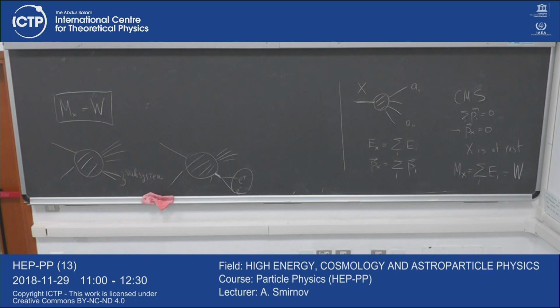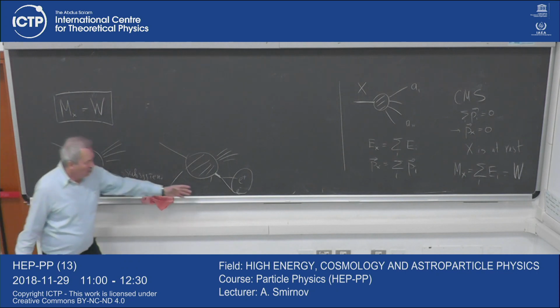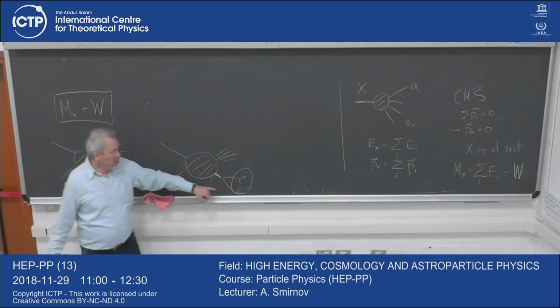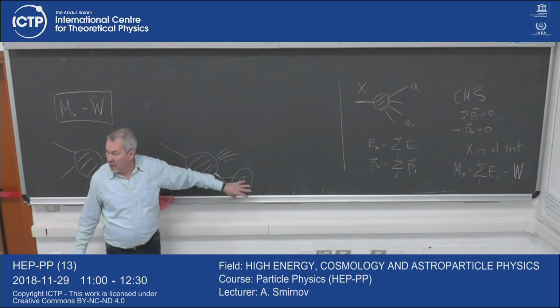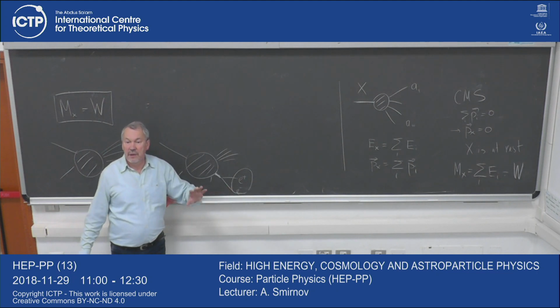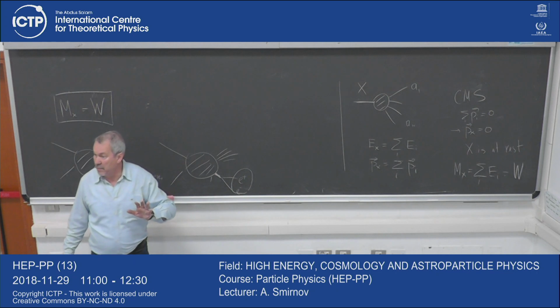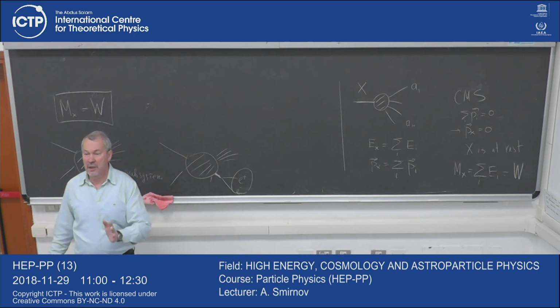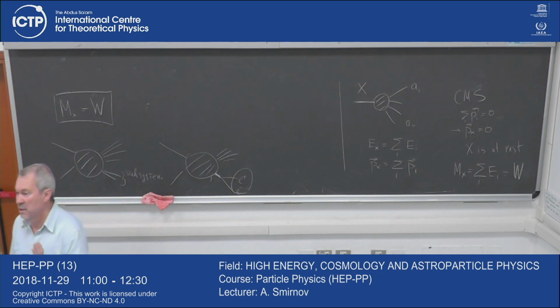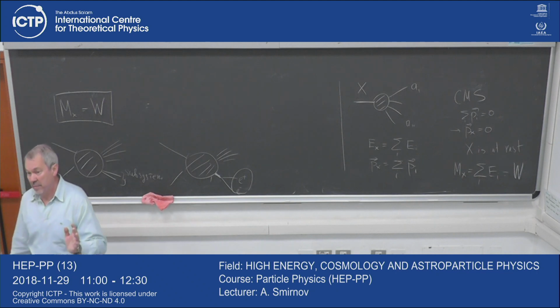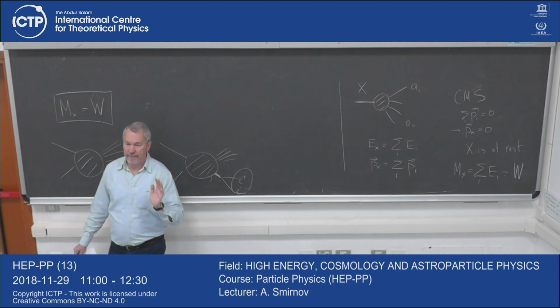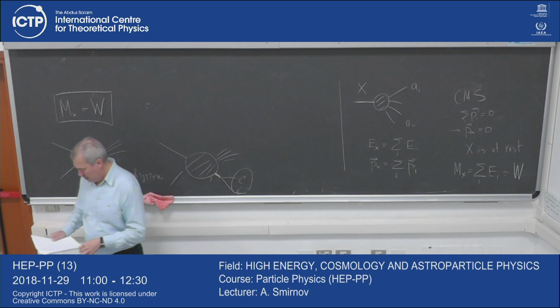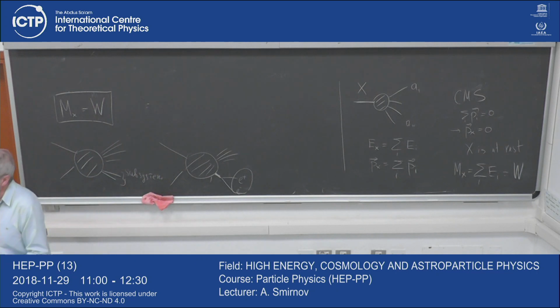If you observe many events of this type, for each event you can reconstruct the invariant mass. And imagine you observe that in all these events, the invariant mass is the same. Then that would be an indication that these particles originate from the decay of a single particle. And this is how many discoveries have been made. Okay? So questions?